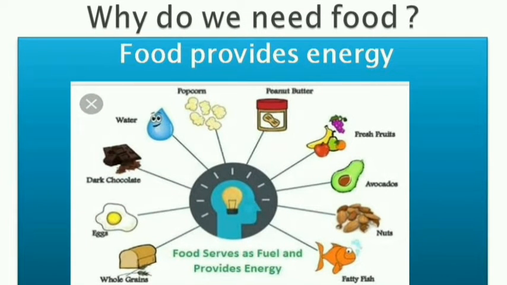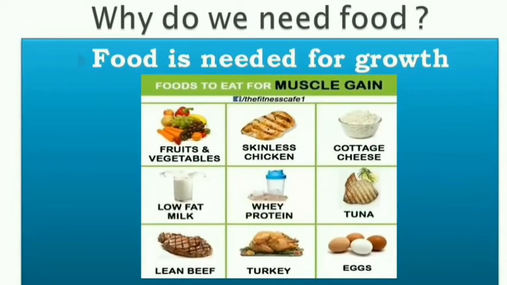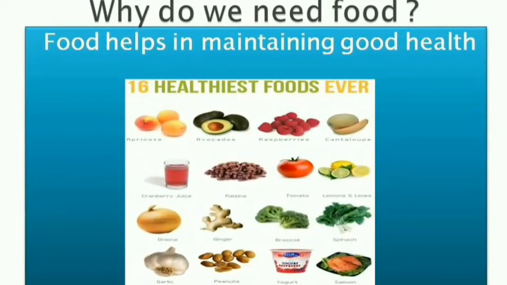Foods such as whole grains, nuts, fruits, etc. provide us with energy. Milk, egg, cheese, vegetables, etc. help in the growth of our body. All the vegetables and fruits help in maintenance of our body.